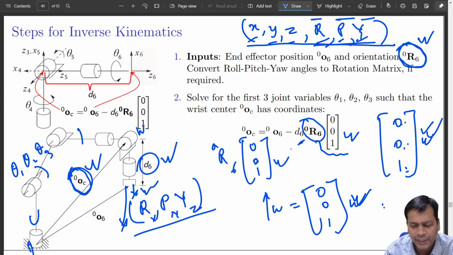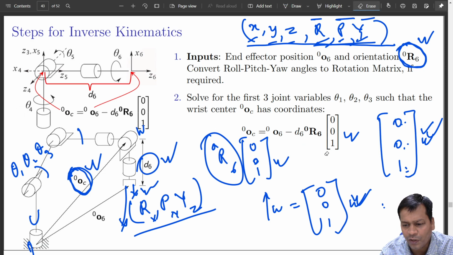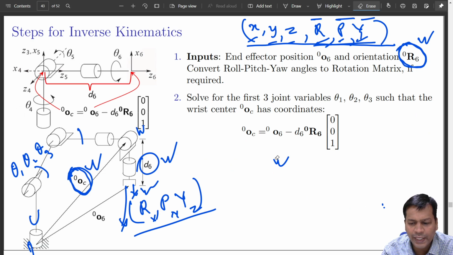So this is my initial orientation. After rotation, it will have some orientation, and it will be oriented the way the end effector is oriented, because this is the rotation matrix for the end effector. How have you obtained it?